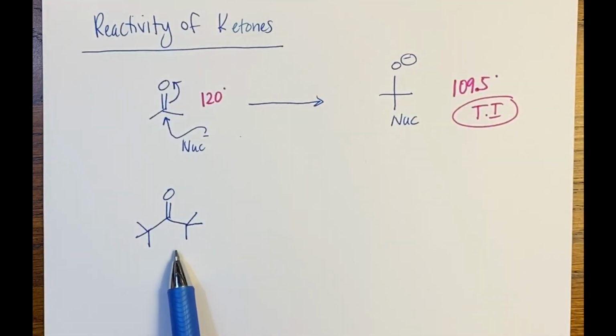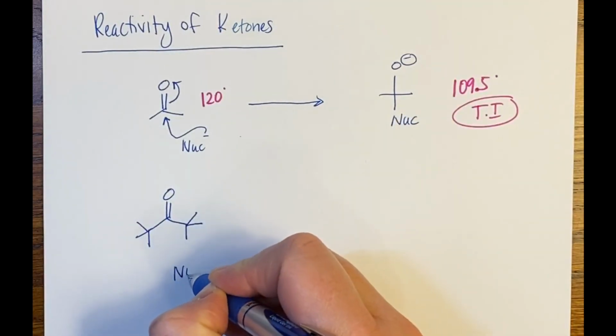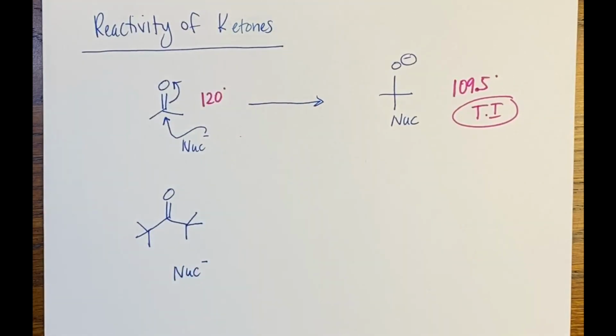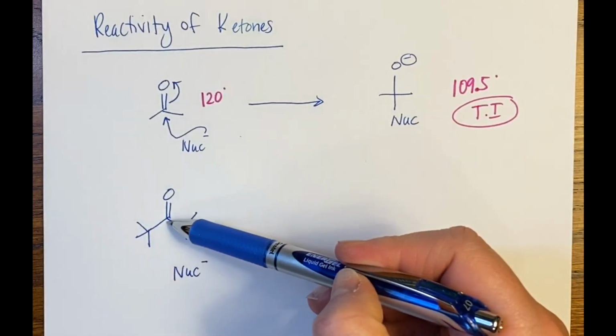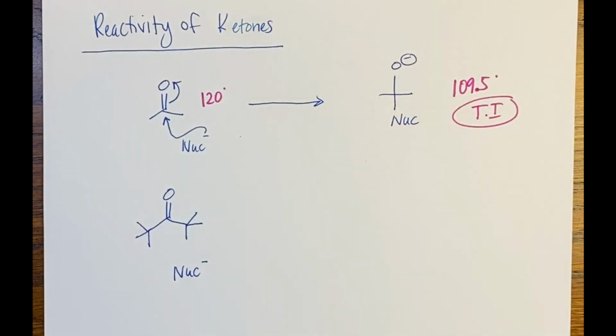For the ketone right here, I see the same thing. It's not so much of an issue of the sterics when the nucleophile attacks the ketone, because this is an sp2 hybridized carbon, so that nucleophile can come in from the top face or the bottom face, and the sterics here don't have a huge effect on that attack.